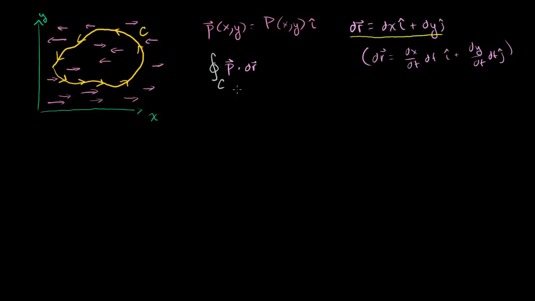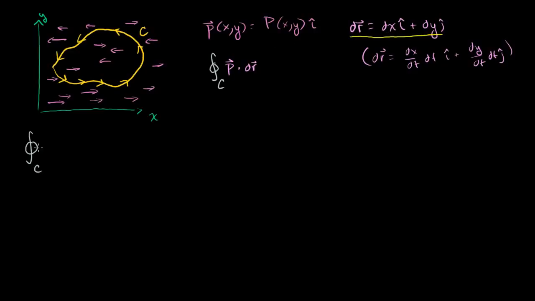So this integral can be rewritten as the line integral over the curve C of P dot dr. We take the product of each of the coefficients, let's say the coefficient of the i component.